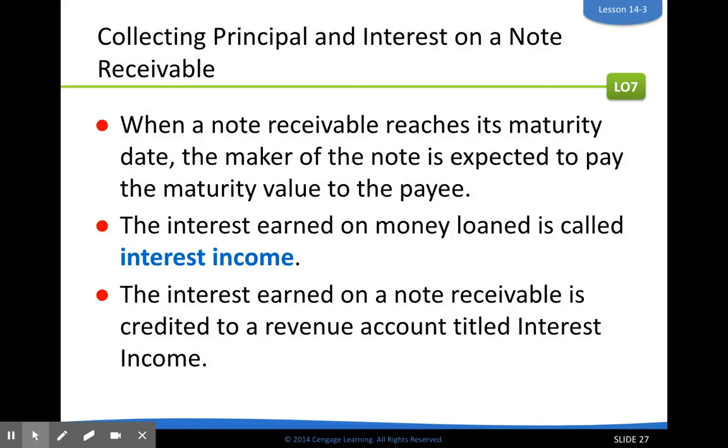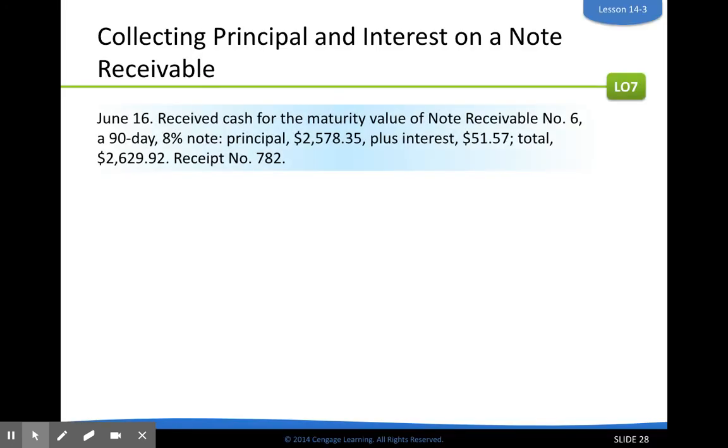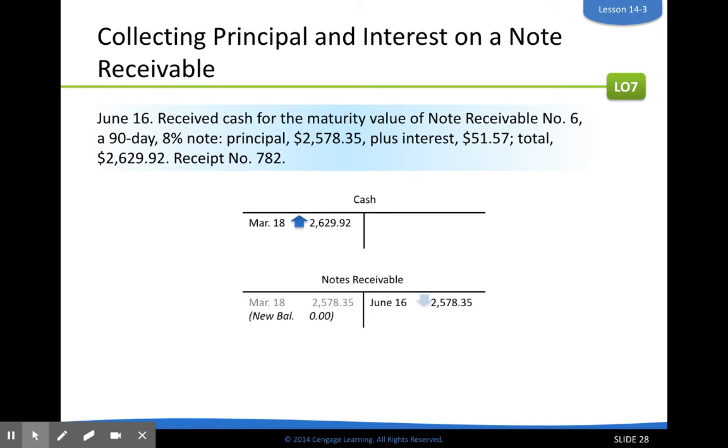Interest income, this is another new account that we have. After we've reached the maturity date, they're going to pay us the principal and the interest. Interest is like revenue, like sales. This is money that we're earning. So when Skinner College actually pays us, we receive cash, so we're in the cash receipts journal, and we're going to debit cash, and we're going to decrease notes receivable with a credit, and increase our revenue account with a credit.